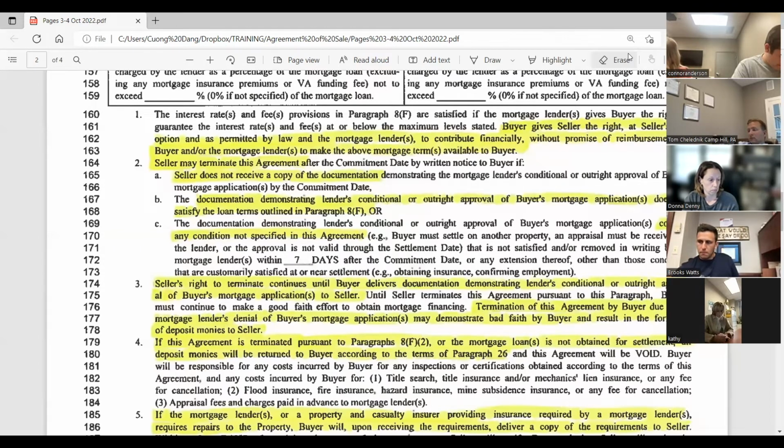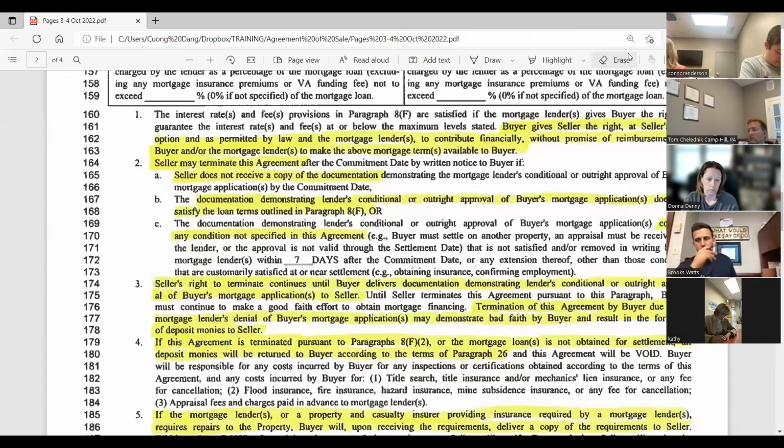Part 3. Seller's right to terminate continues until buyer delivers documentation demonstrating lender's conditional or outright approval of buyer's mortgage application to seller. Until seller terminates this agreement pursuant to this paragraph, buyer must continue to make a good faith effort to obtain mortgage financing.